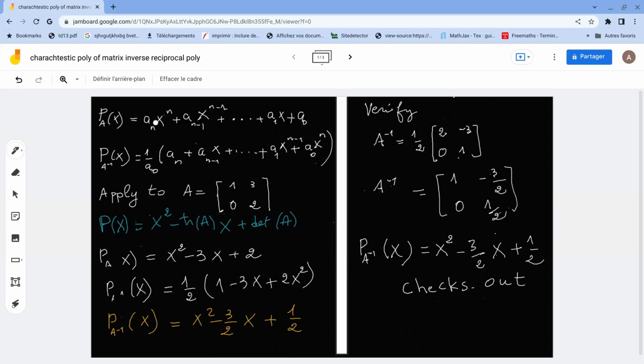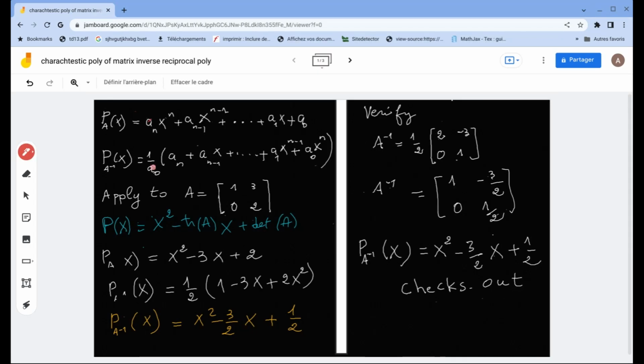We have the characteristic polynomial of a matrix A, and we want to deduce the characteristic polynomial of its inverse. If the size of the square matrix A is n, then the degree of the polynomial is also n.